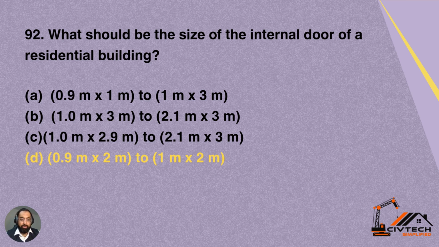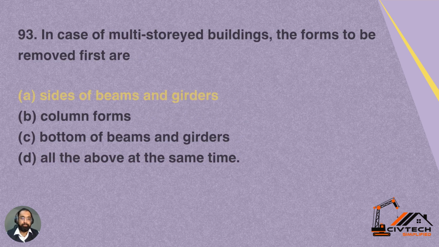So option D is correct, which has the height of the door as 2 meter. So internal door should be like this.